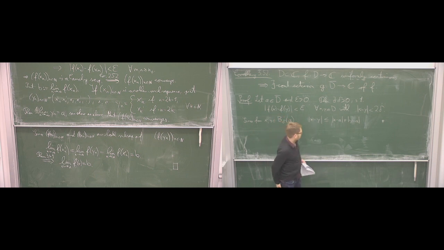So this is now smaller than, since these are in the delta balls of a, delta plus delta, which is 2 delta, and now you see why it is shown like this.